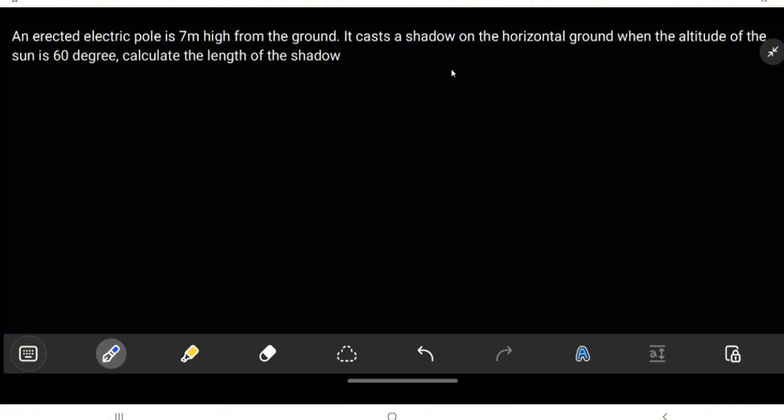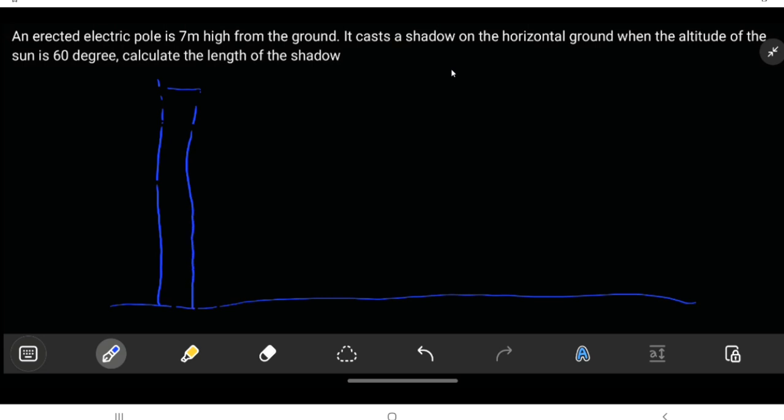Let's assume this is the ground, then this is the electric pole, and it's 7 meters high.